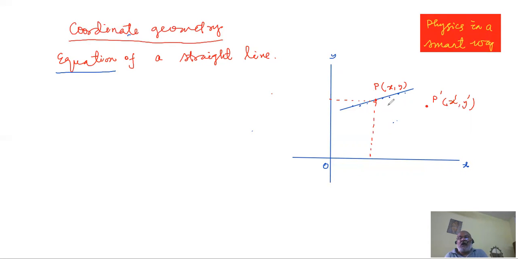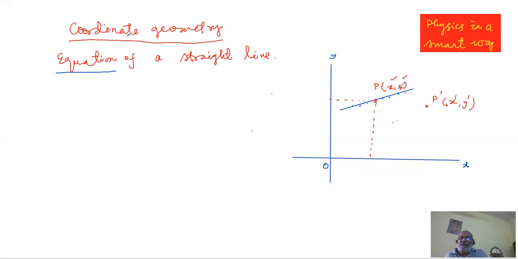Now the issue is why this point P is on the line, but why this point P dash does not remain on the line. The answer is that this point which is on the line has its x and y, and there is a special relationship between its x and y coordinates.